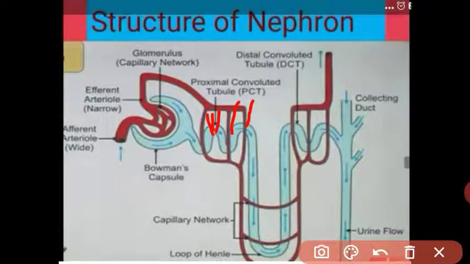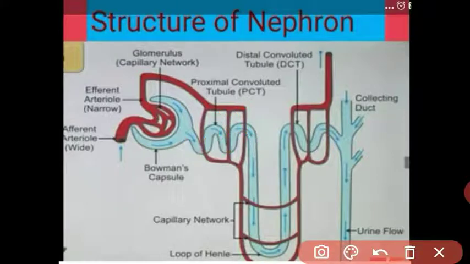When the glomerular filtrate enters the PCT, the blood vessels, called the vasa recta, run parallel to the PCT, loop of Henle and DCT. The important glucose molecules, protein molecules, amino acids, and excess water are reabsorbed by diffusion into the blood capillaries.